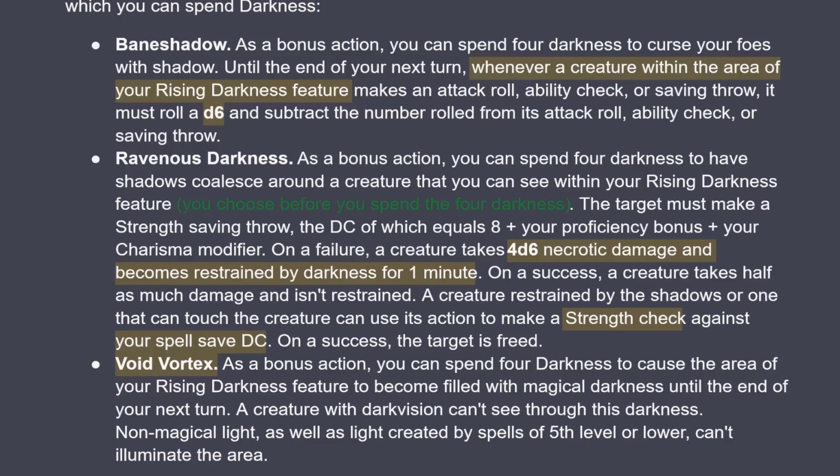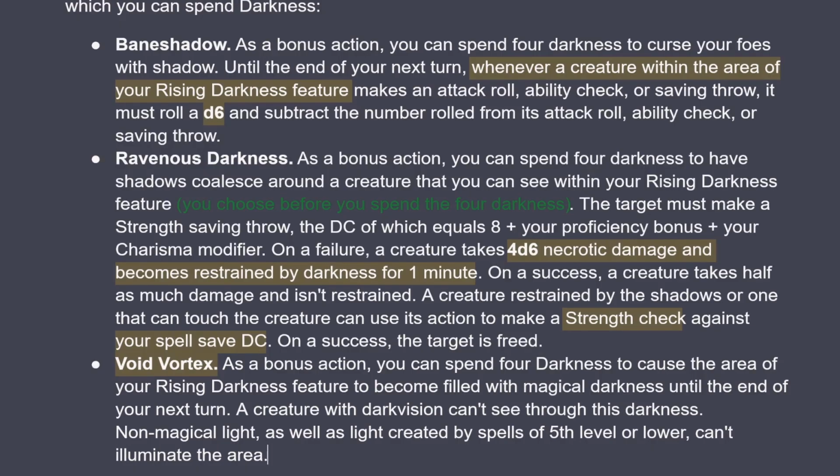So it's pretty much just darkness, which spellcasters have been able to do since level 3. Eldritch Knights since level 7 when they get 2nd level spells. So what the heck are we doing spending 4 darkness points for advantage, essentially, and possibly detrimenting the rest of our party?